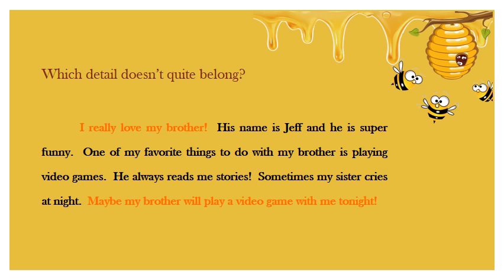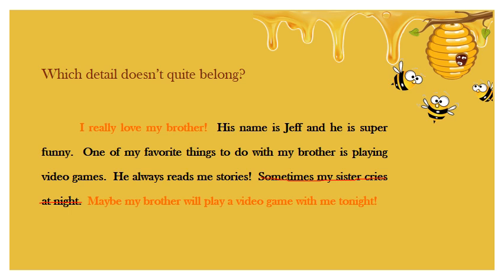No. So here the unrelated detail is the sentence, sometimes my sister cries at night, and this will make your reader feel that the paragraph is weak. That's why we must not add unrelated details. This sentence must be crossed out to make a good or well organized paragraph.